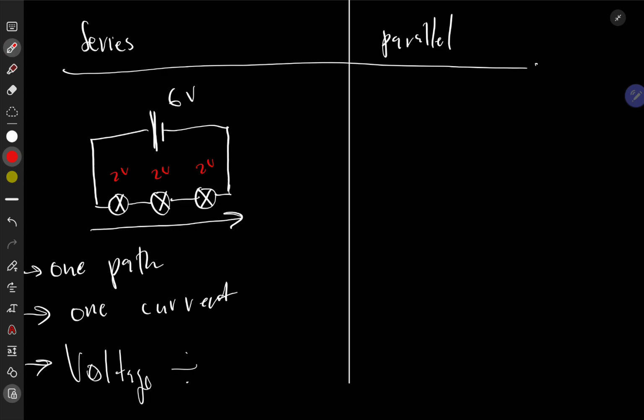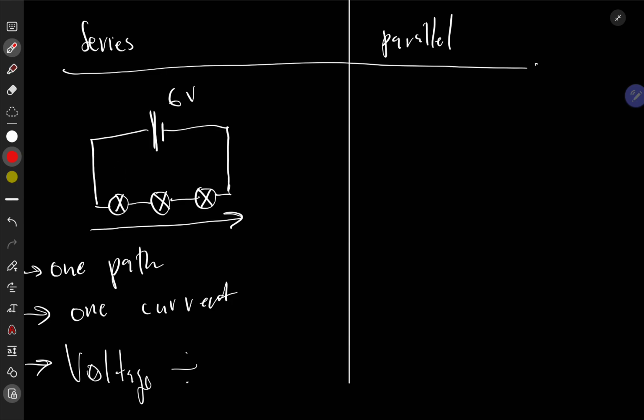That's what I mean when I say it divides. It divides according to the proportion of resistance. They are dividing whatever was supplied by a source. This is the load, remember from my first diagram.